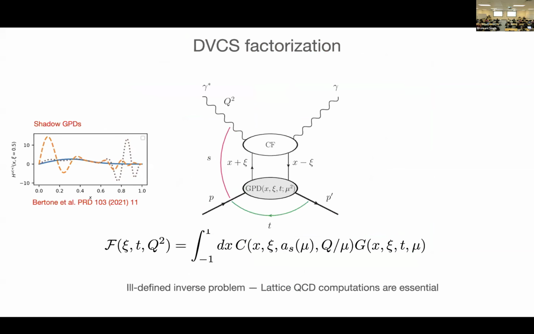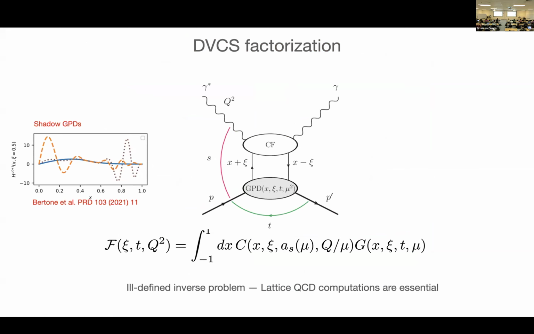Now, in the case of the GPDs, this extraction from experiment is a bit more complicated than in normal parton distribution functions. And these complications arise from the fact that you are after a function of 3 variables plus the renormalization scale, x, xi, t, but what you measure experimentally is a function of 2 variables, xi and t.